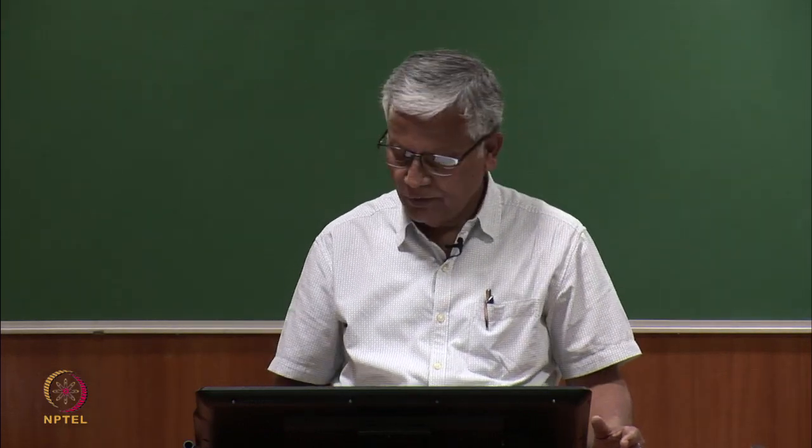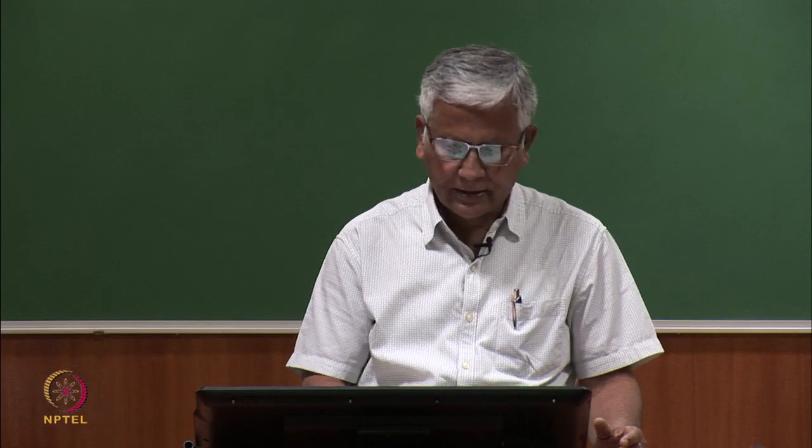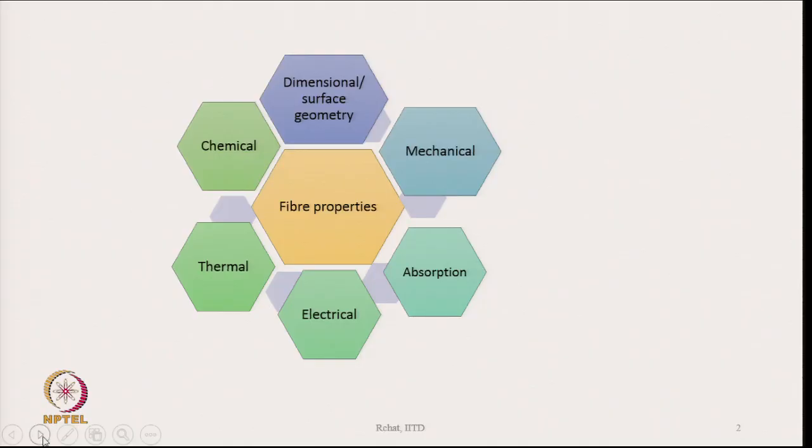So, now if we go to the next slide, this slide shows the fiber properties. We have classified them as dimensional or surface geometry of fibers. There are properties related to the mechanical aspect, that is mechanical properties. Then there are absorption related properties of a fiber.